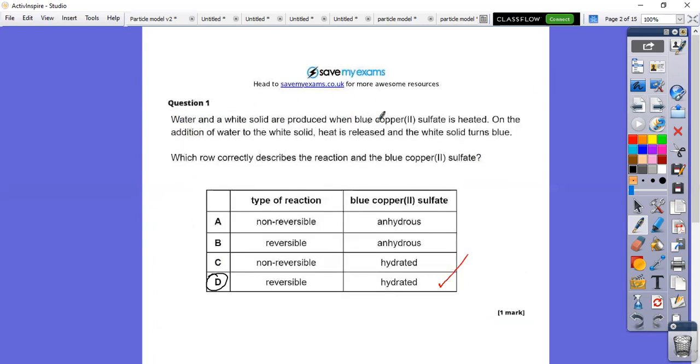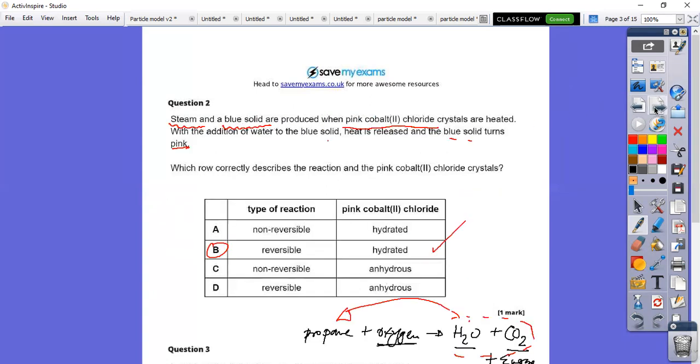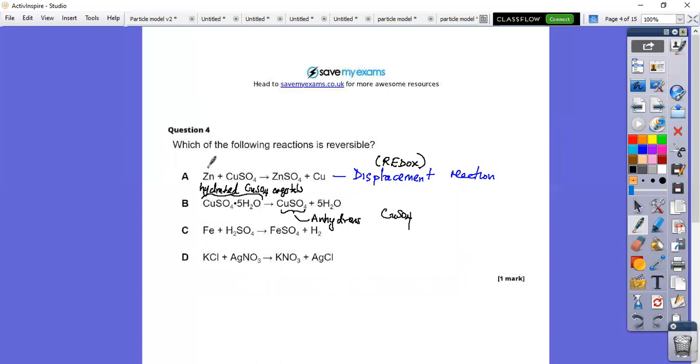It's the same reaction they're talking about. So now, which of the following reactions is reversible? Would it be B? Correct.